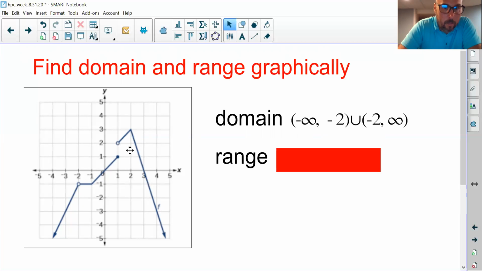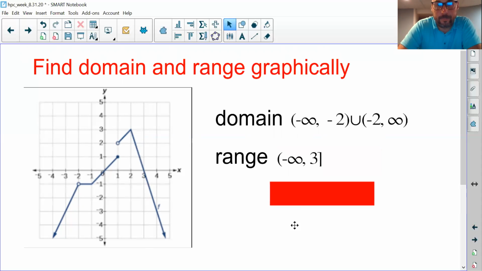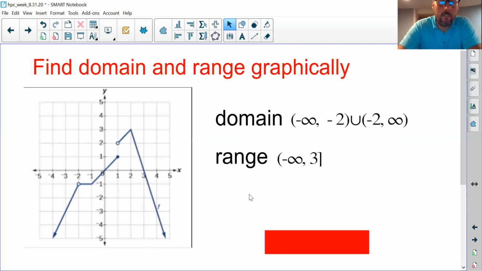Yes, not here, but over here there are. In fact, all the y values are included from -infinity all the way up to +3. +3 is included, so we use a bracket, don't forget. Please don't be the person that writes down 3 comma -infinity. -infinity is the smallest. It will always come first if it's part of your answer.